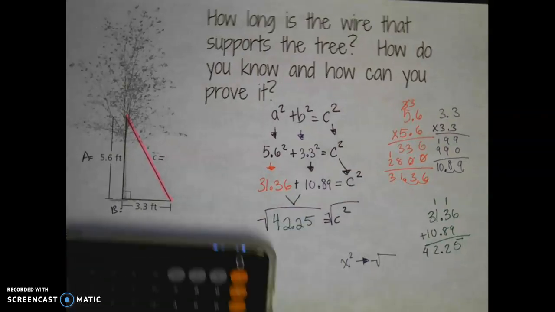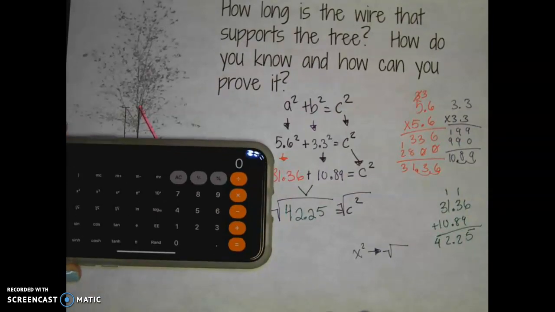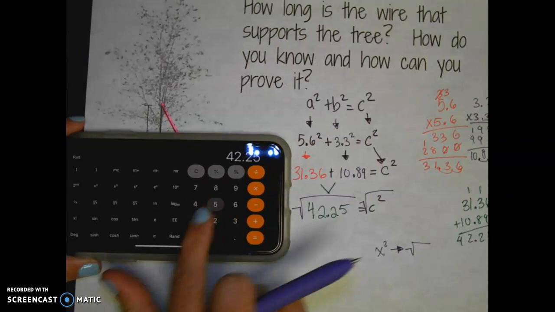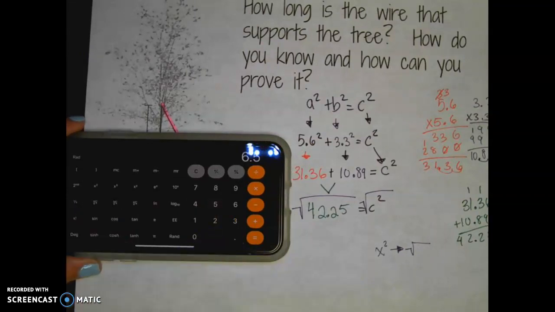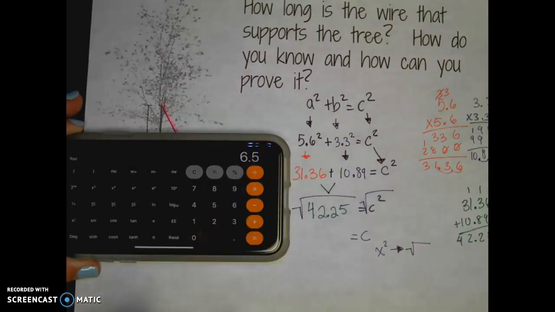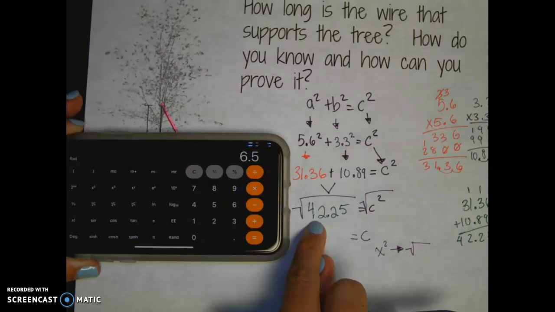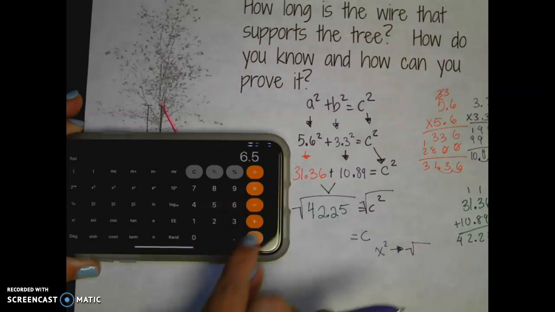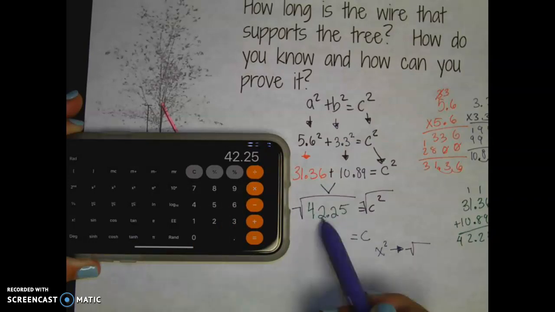For this example, I'm going to use my calculator. I'm going to take the square root of 42.25, and it's going to give me 6.5. So that means 6.5 times itself should give me 42.25. And I'll prove it to you. Yep, that's what I have here.